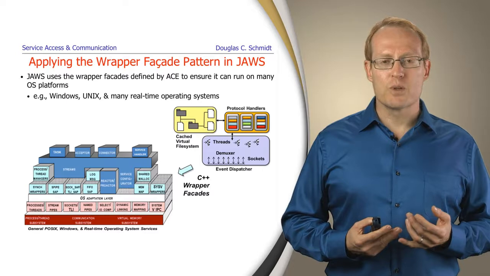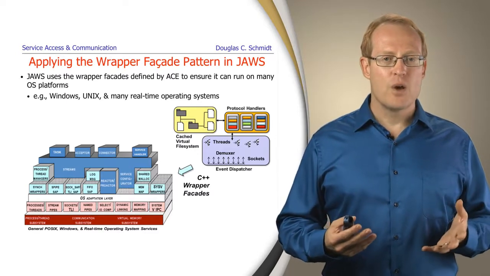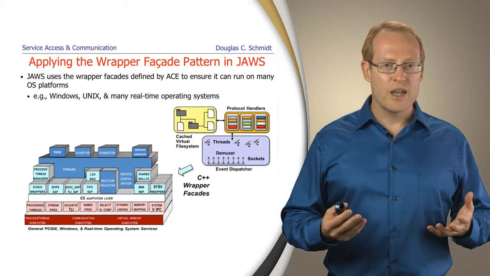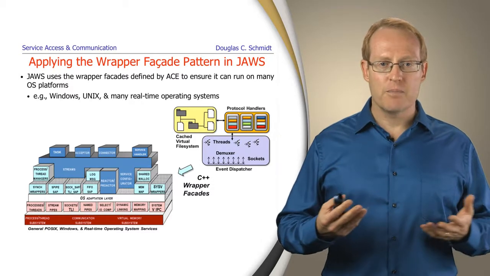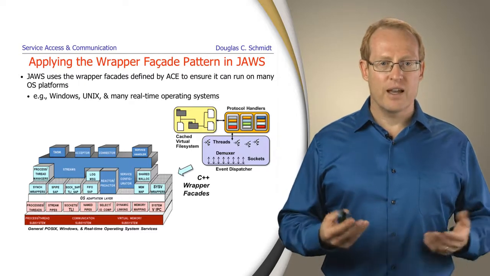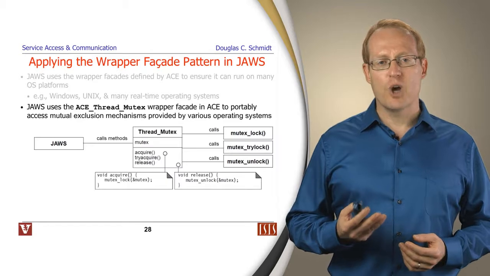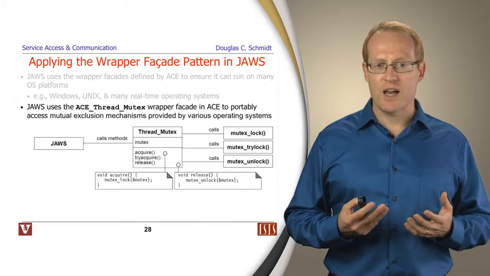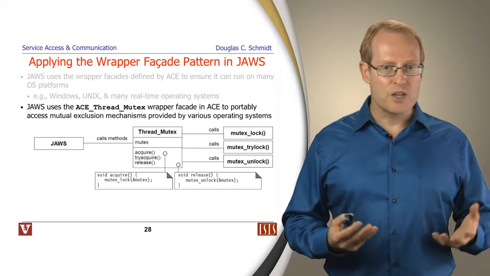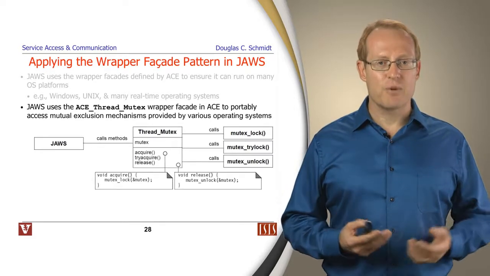What we'll do here is we'll use this any time we're going to access system programming interfaces. Instead of accessing them directly, we're going to access them through the various wrapper facades defined by the ACE communication environment. And just as one simple example, here's an example of how JAWS might use the ACE thread mutex, which is a wrapper facade around the low-level synchronization mechanisms for mutual exclusion that you'll find on various operating environments.